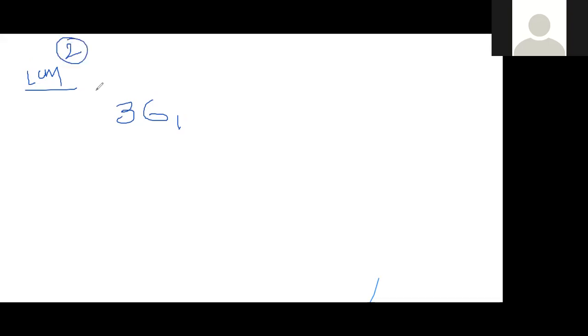Okay. Now, the questions are based on LCM and HCF. In the last class, I told you how to find the LCM. For example, the numbers are 36 and 52.